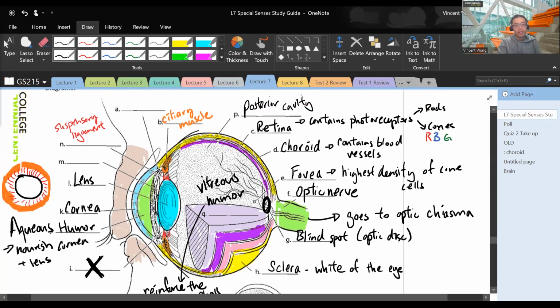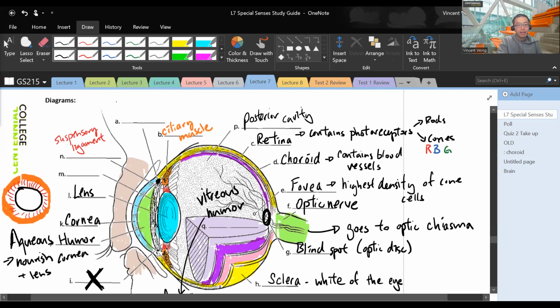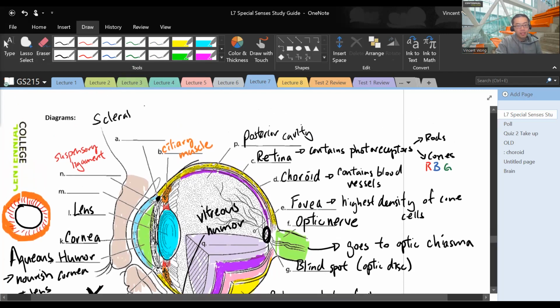And we're almost done. So your eye continuously produces aqueous humor, and then we need to drain it. Right? So there's a little tiny spot here. You can't really see it, but it's there for draining the aqueous humor. And that is part of the sclera. So we call that scleral venous sinus.